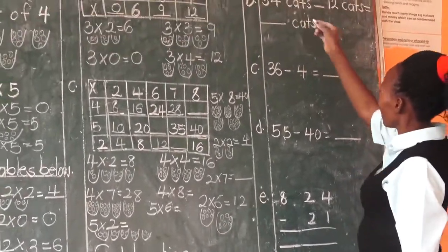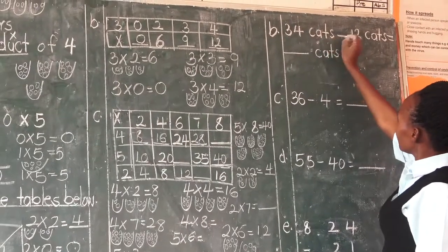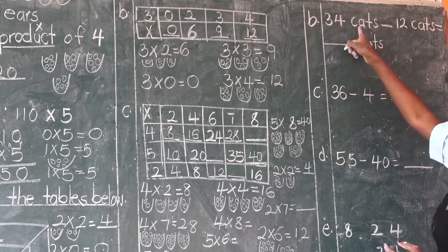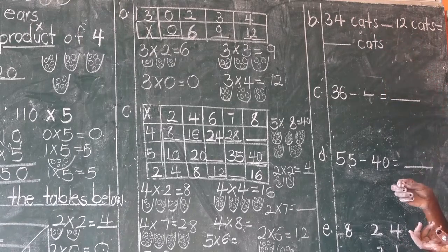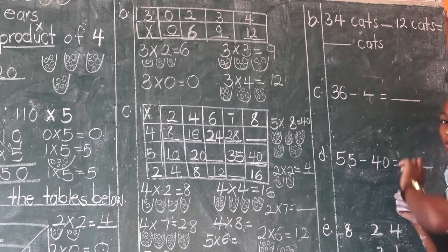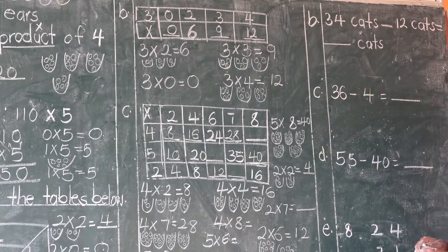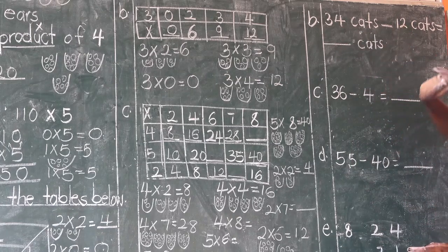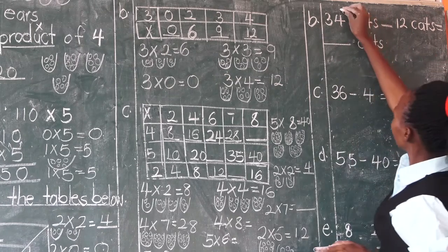Now let's look at this one. 34 cats. Take away 12 cats. And we can't draw 34 cats take away 12 cats, it takes long. What we are going to do is rearrange these numbers according to the place values. Let's first put the symbols first.